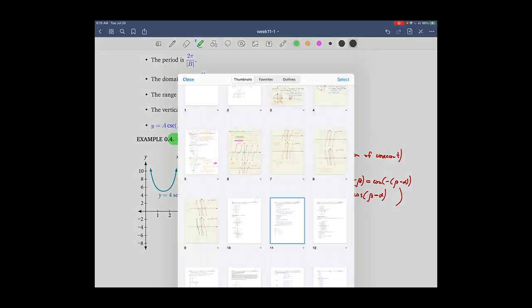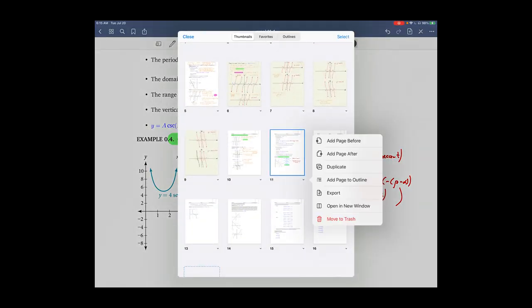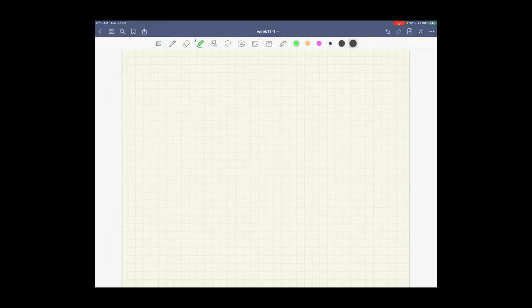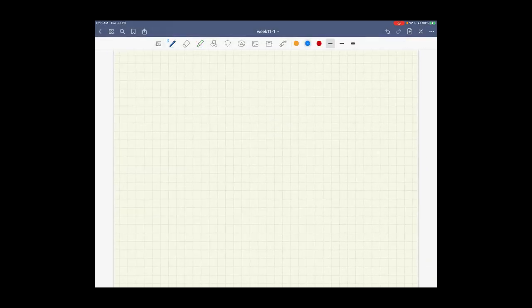So let me add a page. We will be sketching the graph of 4 cosecant of pi over 3x plus 1. The plan is the usual.